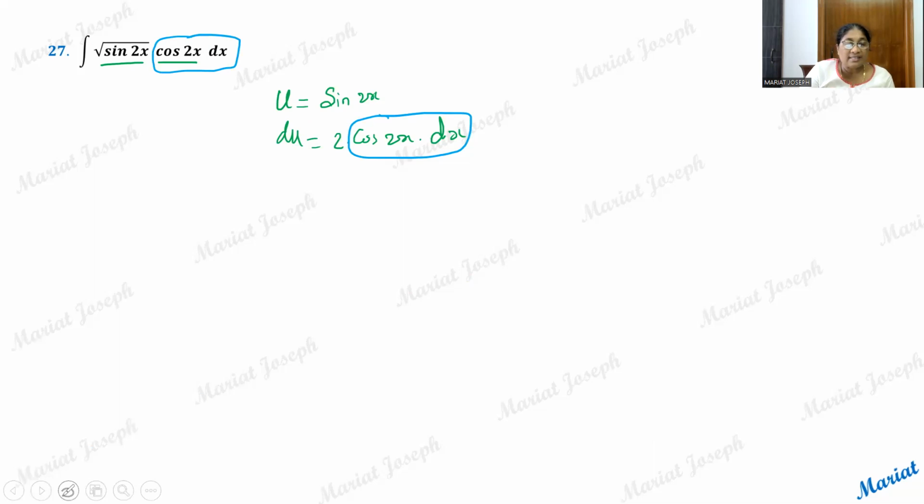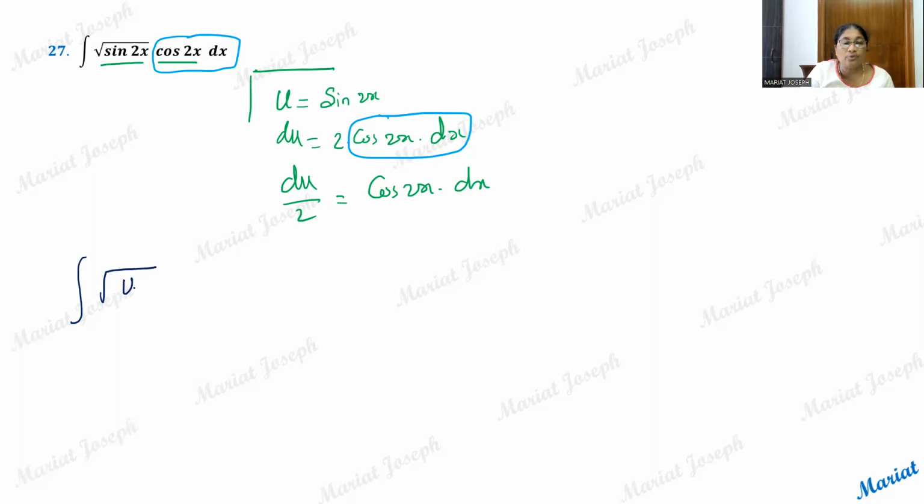So therefore, it is du by 2. Substitution we are going with du by 2 equal to cos 2x into dx. Therefore, the integration now changes into root of u into du by 2. That 1 by 2 we are keeping outside.